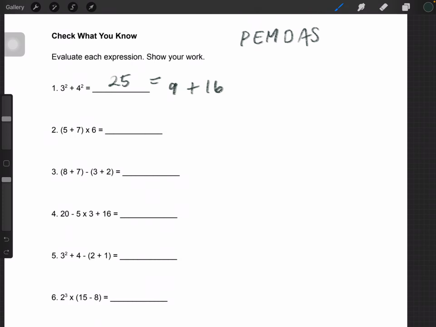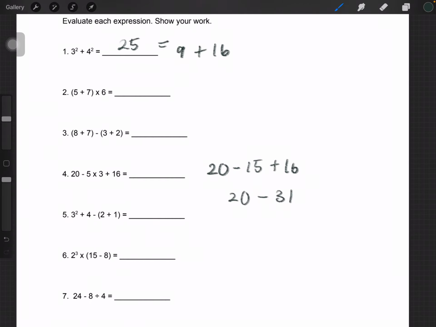And so 5, you have 20 minus, and then 5 times 3 is 15, plus 16. According to PEMDAS, the second thing we do is addition, and so 20 minus, now 15 plus 16 is equal to 31. 20 minus 31 is equal to negative 11.